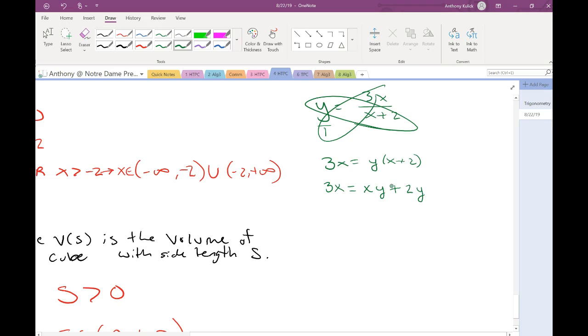And then I'm going to move the x's all to one side. And then notice on the left-hand side, each of those terms contains an x. So I can take a greatest common factor of x from the left-hand side. And to get x by itself, I'll just divide by 3 minus y.